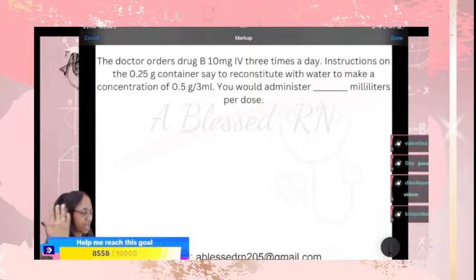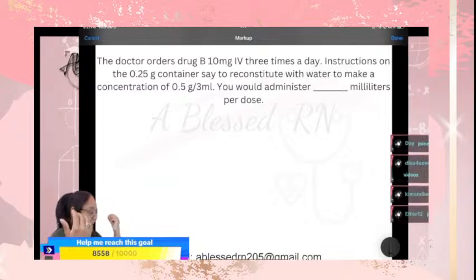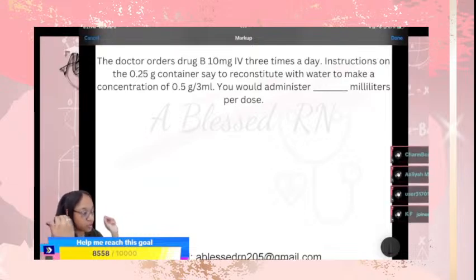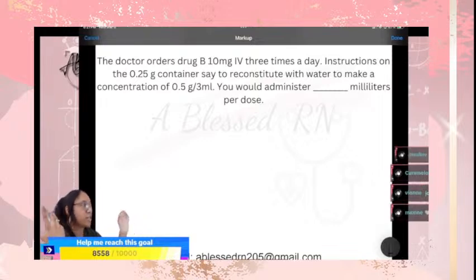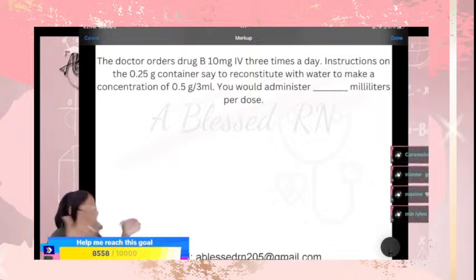So when it tells you to add this many mLs, or the bottle contains this many grams or this many milligrams, all that stuff is good and well, but we want to focus on the concentration. So you concentrate on the concentration, okay? The concentration is going to be the solutes and the solvents, okay? So how many milligrams per milliliter, how many milliequivalents per milliliter, how many units per milliliter. That's what you want to pay attention to.